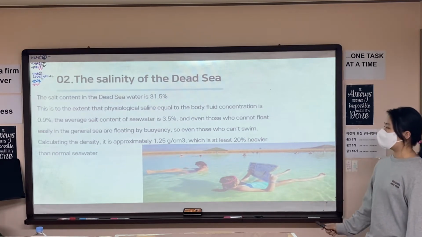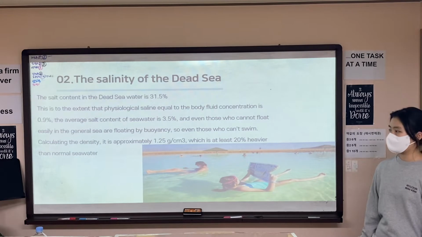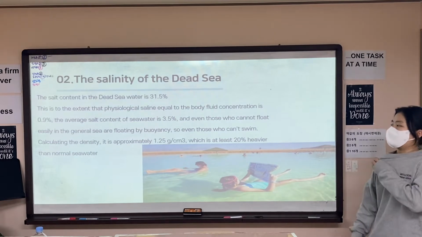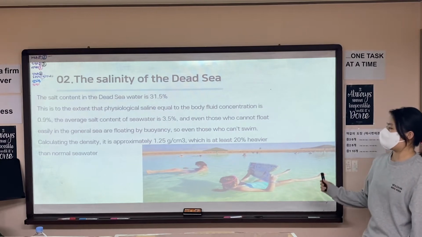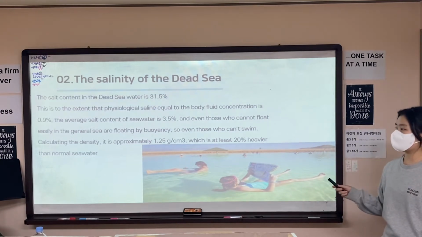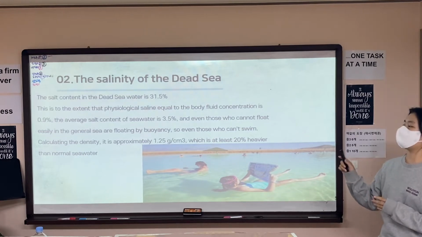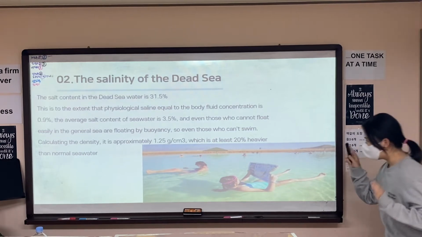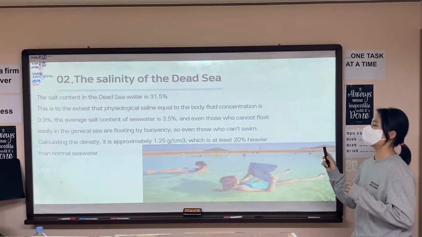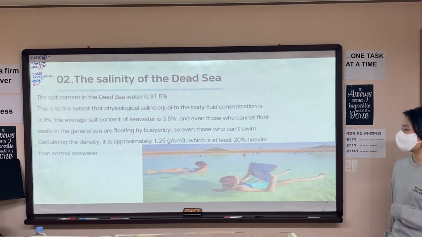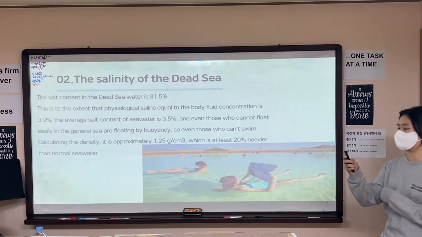Even those who cannot float easily in the general sea float by buoyancy, even those who can't swim. Calculating the density, it is approximately 1.25 grams per milliliter, which is at least 20% heavier than normal seawater.